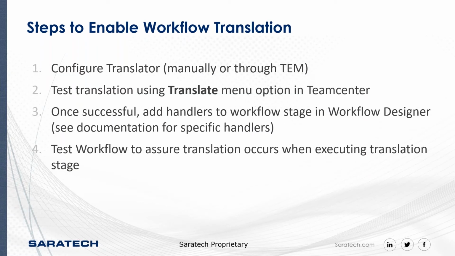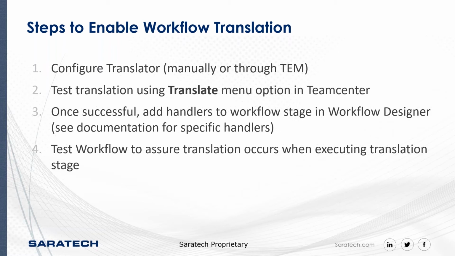So let's talk about the steps of enabling the workflow translation. Well, first off, we need to make sure that our manual translation has been properly configured and set up. So in order to configure our translators, we utilize the Teamcenter Environment Manager, often referred to as the TEM. And we enable the translators as well as the configuration on the client side that way through our administrative accesses.